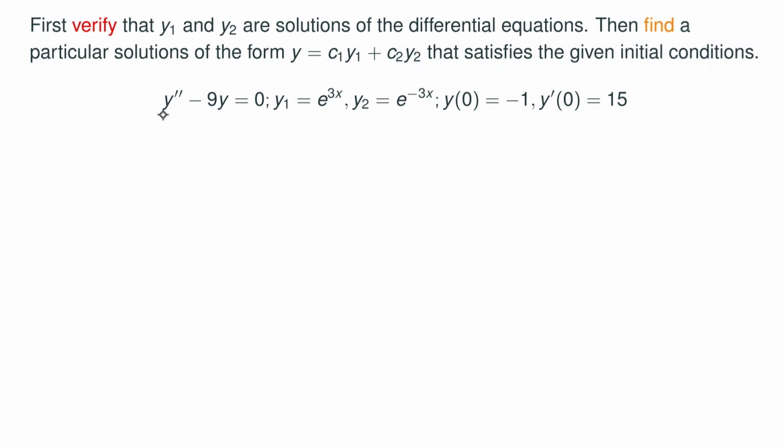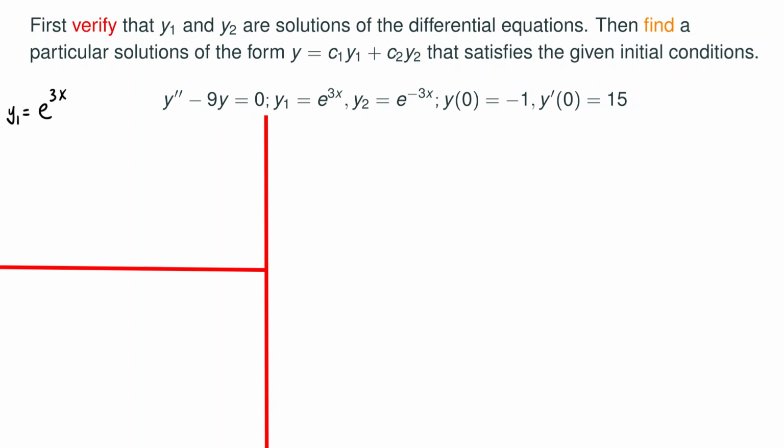As we look at this differential equation, we can see it's a second order linear differential equation. So in order to verify that this is a solution, we have the original equation. We need to get to the second derivative, so we take the first derivative, 3e to the 3x. That tells us the second derivative is 9e to the 3x.